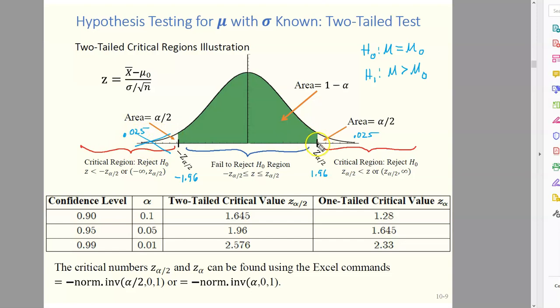You would only have one critical value, and if your significance level is 0.05, then you would want the area in this tail to be completely 0.05, in which case your Z alpha value would be 1.645. And also notice that we call it Z alpha now instead of Z alpha over 2 because we only have one critical region and the area in that critical region is entirely alpha instead of having it split up between two critical regions.